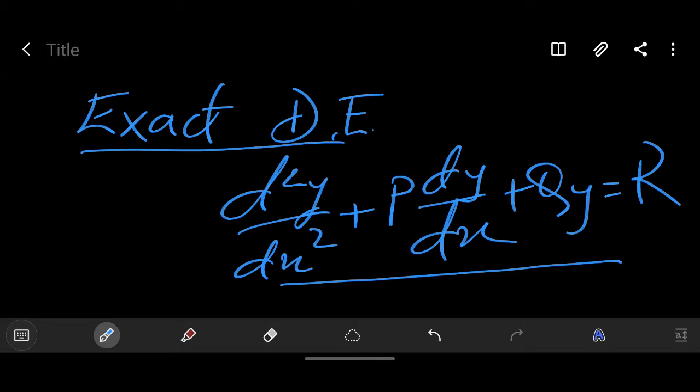But now we are going to talk about exactness. So when do we say that this equation is exact? We say that an exact differential equation is an equation that can be obtained by differentiating its lower order differential equation.